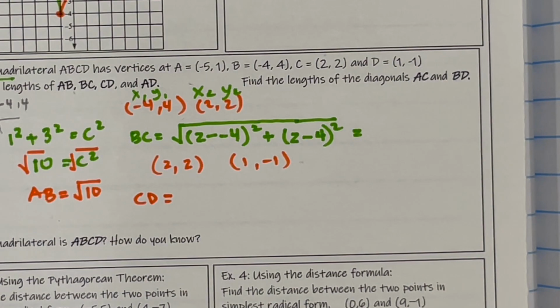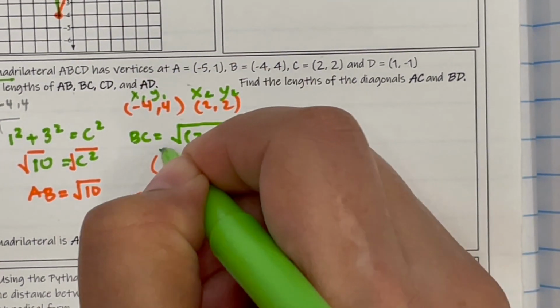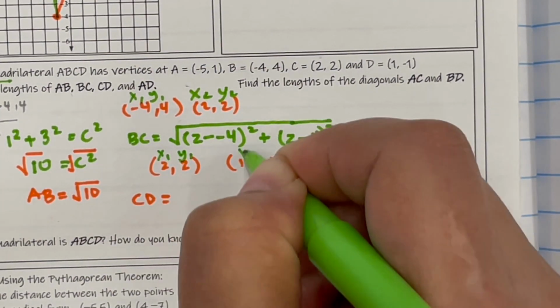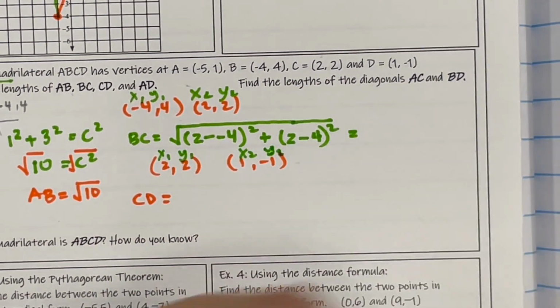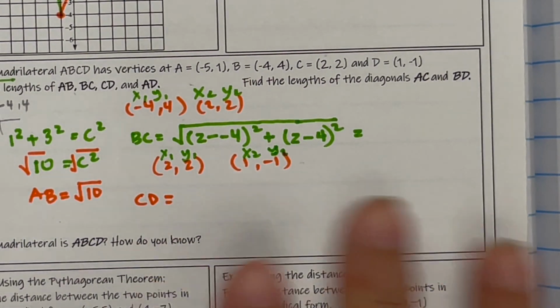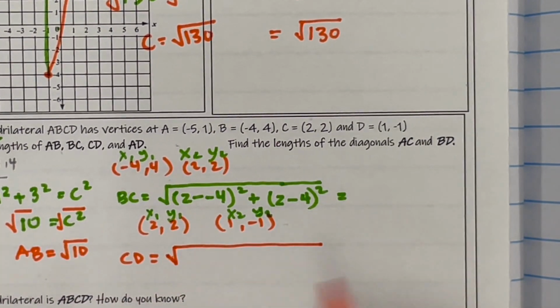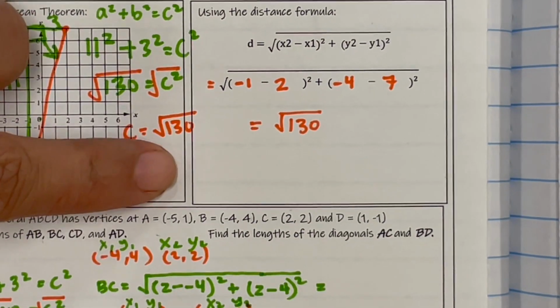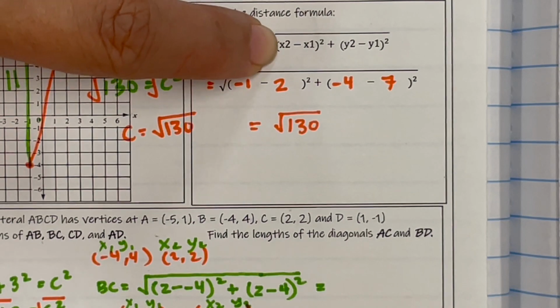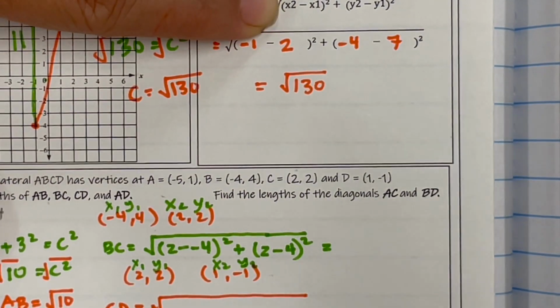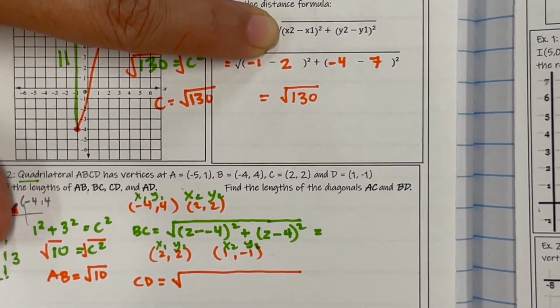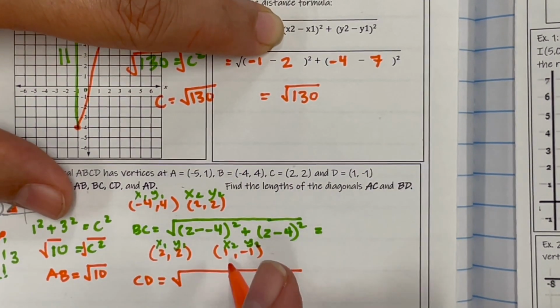Okay. So again, go ahead and label. So this is going to be my first X, my first Y, my second X, my second Y. All right, so CD is going to be the square root of, and again, you're just following this formula. So CD, this formula says square root of x2. I'm going to have to zoom out just a little bit. All right, so what's x2?